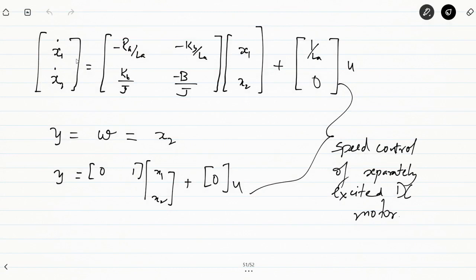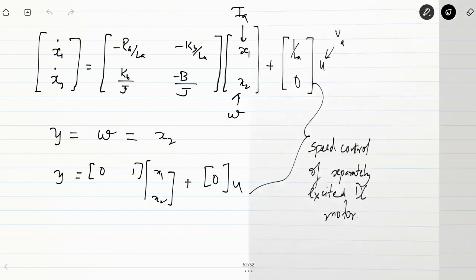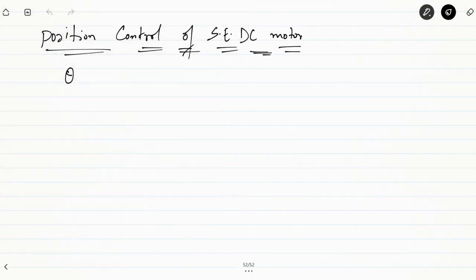But as far as this state space model goes, here x1 basically is Ia, x2 is omega, and u is the input voltage Va. So from this state space model, there is actually no information about the position of the rotor of the separately excited DC motor. So we want to have that information as well.